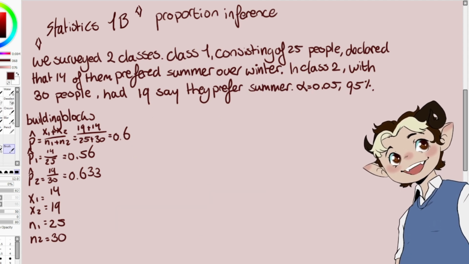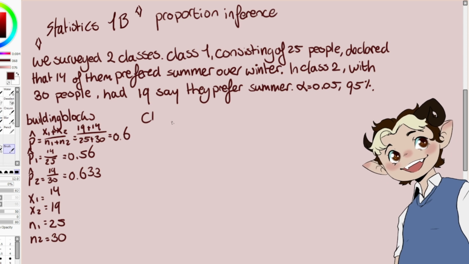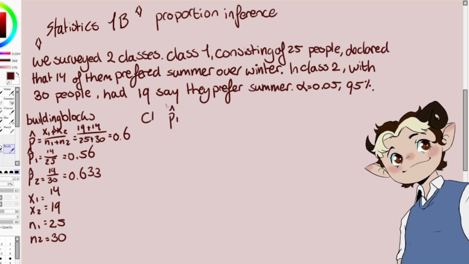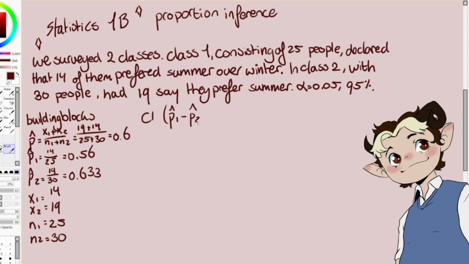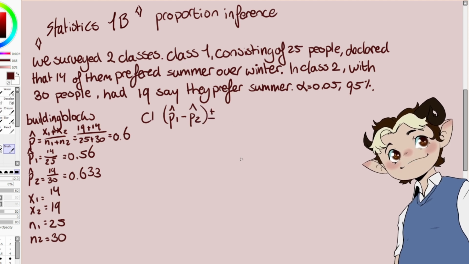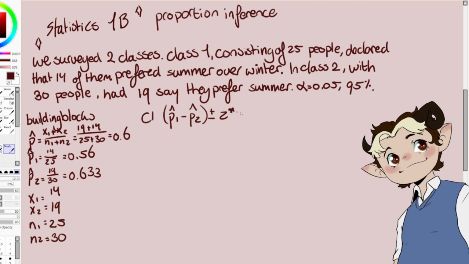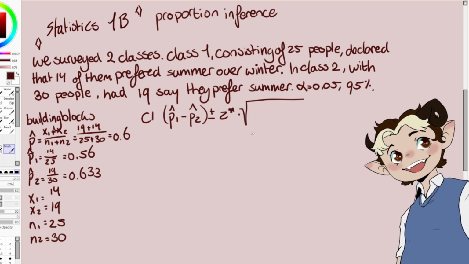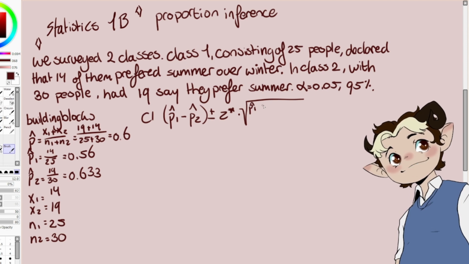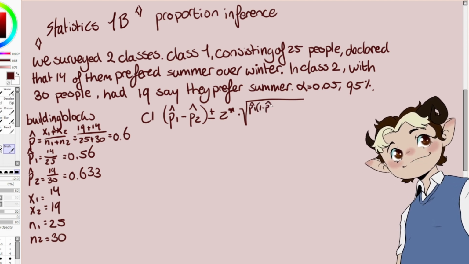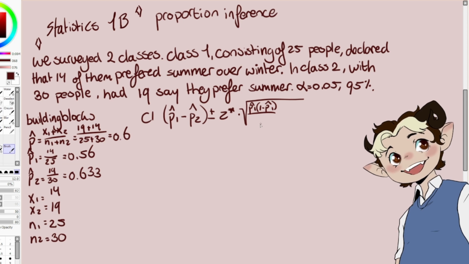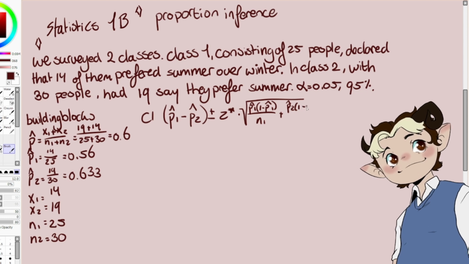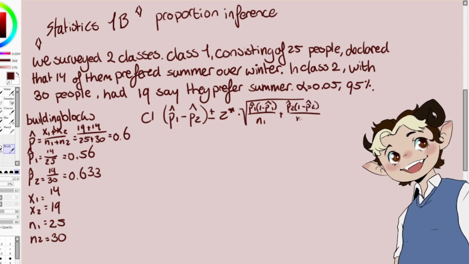So let's look at the confidence interval now. Let's do it again, but now with this confidence interval. Our formula for that one was p hat 1 minus p hat 2 plus or minus z times the square root of p hat 1 times 1 minus p hat 1 divided by n1 plus p hat 2 times 1 minus p hat 2 divided by n2.